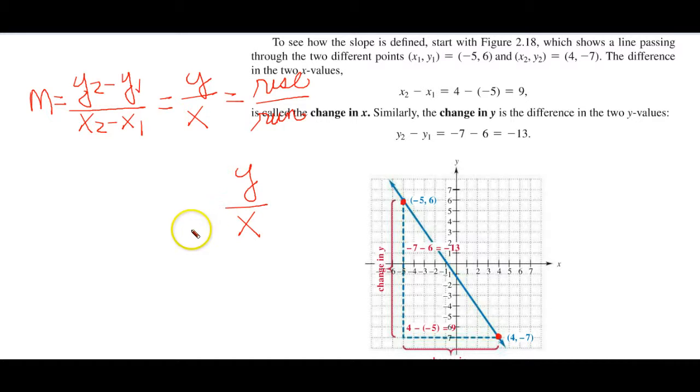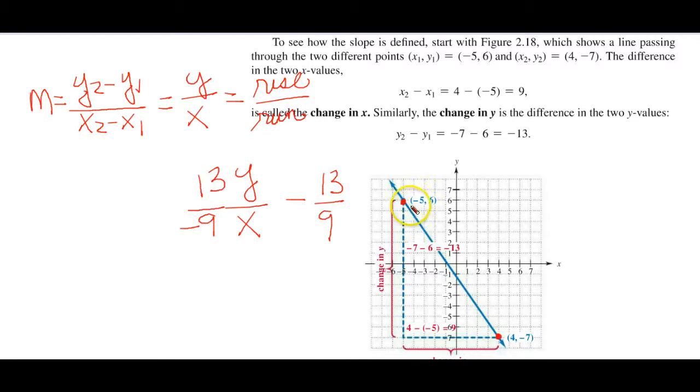I have a negative 9 here. Then I'm going to go up, and I'm going to count from over here. 1, 2, 3, 4, 5, 6, 7, 8, 9, 10, 11, 12, 13. So the slope of this line, and going up is a positive direction, is a negative 13 over 9.